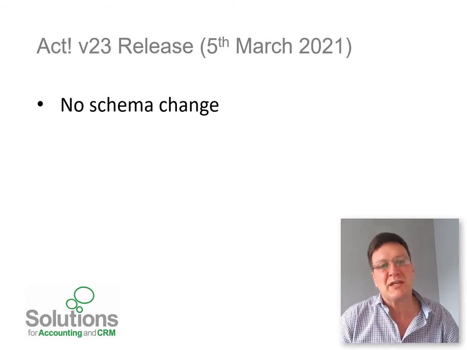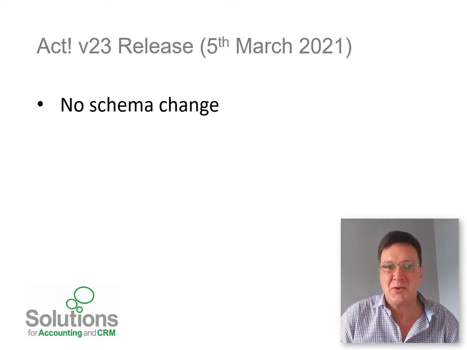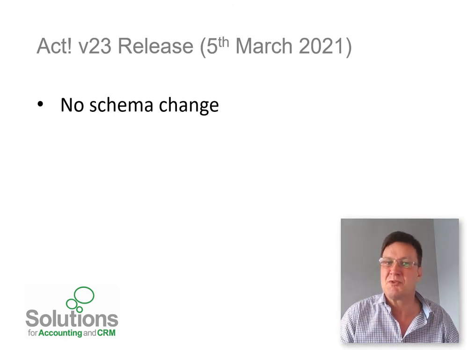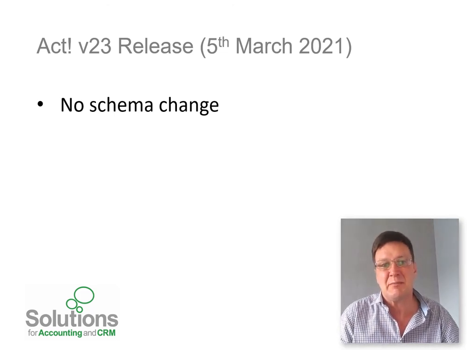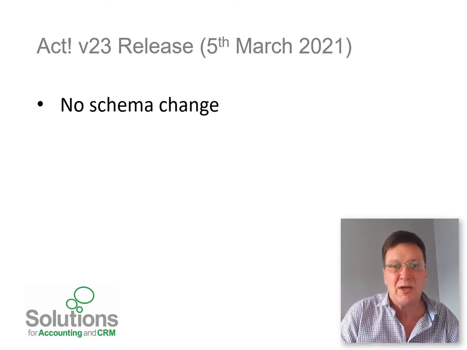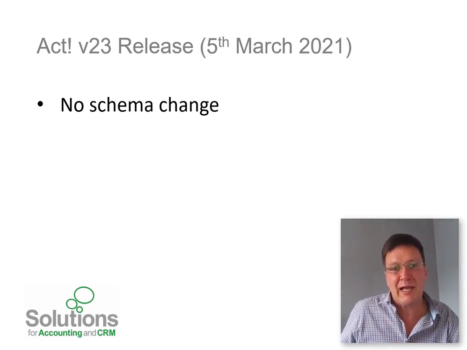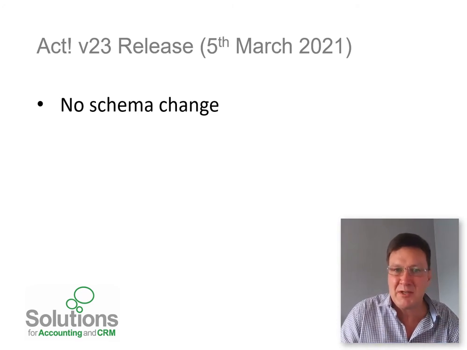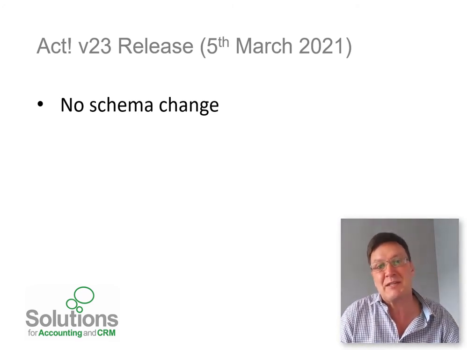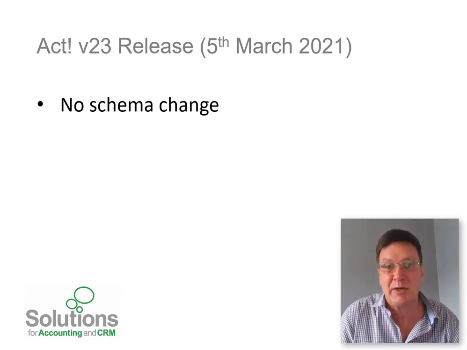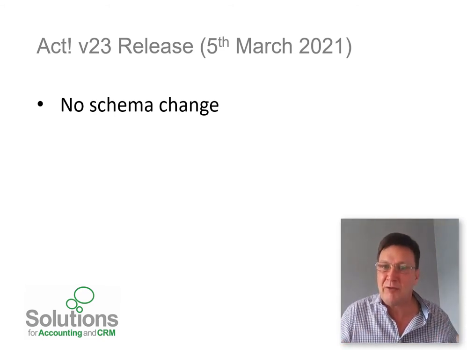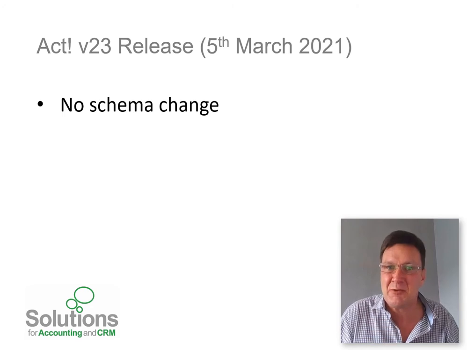But if you're using ACT with synchronizing databases, so remote databases, that might be the main database is on your server and you have people working on laptops where they have a copy of the database on that laptop synchronizing with the main publisher database, or it might be that your main database is hosted by ACT in the ACT Premium Cloud and you have offline databases that synchronize with that main database.